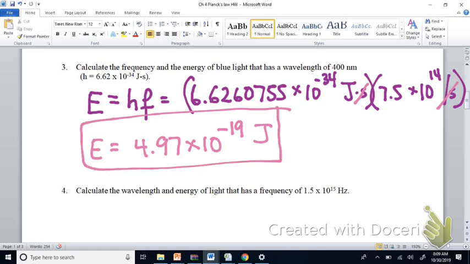It is true that if you have visible light, the energy of one photon of that light should be on the order of 10 to the minus 19 joules. We've seen this a couple of times now. It's just a nice internal mathematical check to see if your answer makes sense.